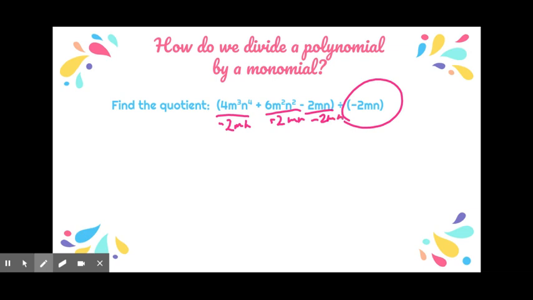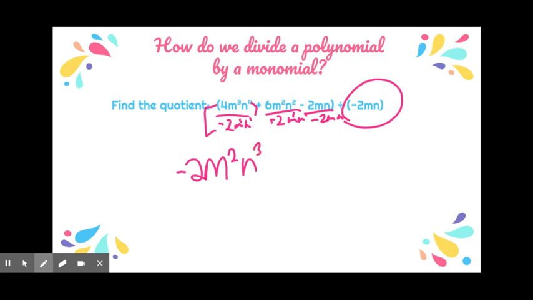And what I'm going to do is I'm going to use my laws of exponents and just dividing monomials. So we have 4 divided by negative 2, and I get negative 2. Then I'm going to put my little ones in there. So I'm going to get m to the third divided by m to the first, match up those variables, keep my m, subtract that exponent, and get a 2. Keep my n, now subtract those exponents. 4 take away 1 is 3.